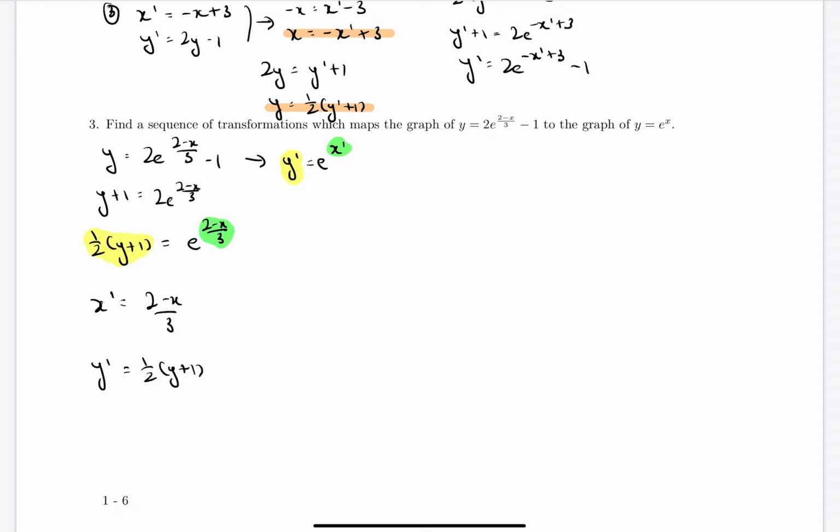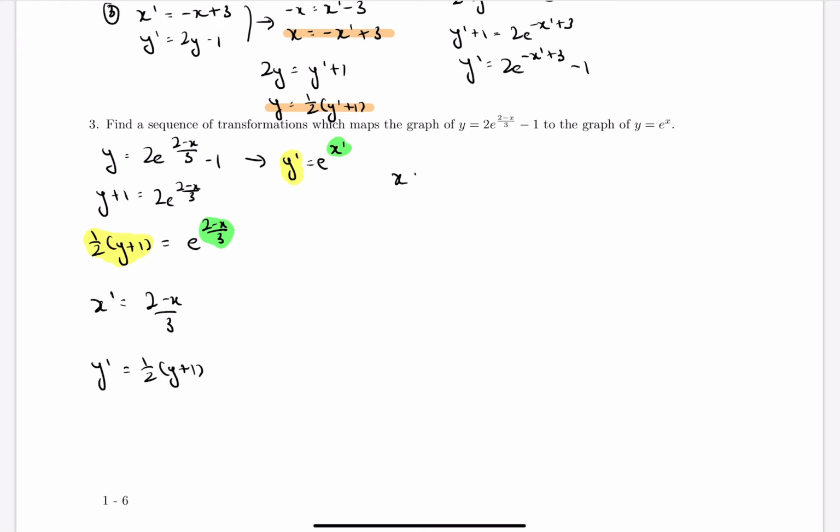Okay, so when you go to actually writing out your sequence of transformations, you just got to be a little bit careful about ordering here. So there's a couple of ways you can approach this. I'd probably just start with the x stuff first.